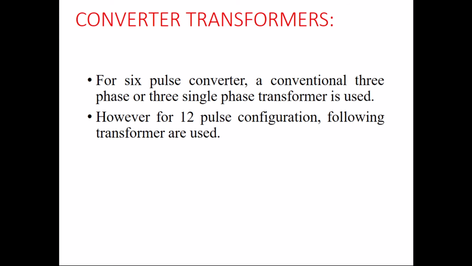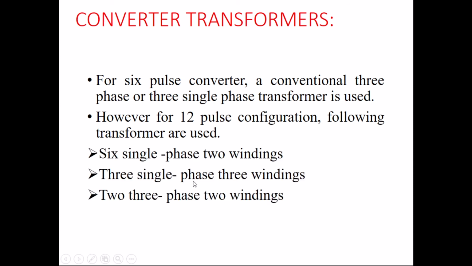Then if you use a 12 pulse converter, it means that you require 6 phases: 3 phases for 6 pulse converter 1, and a second 3 phases for 6 pulse converter 2. So there are 3 configurations you can use for this 12 pulse converter. You can go for 6 single phase 2 winding transformers, so each has 1 winding at the secondary.